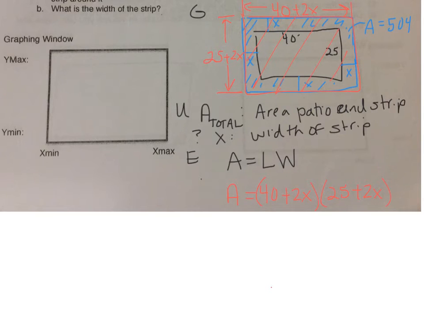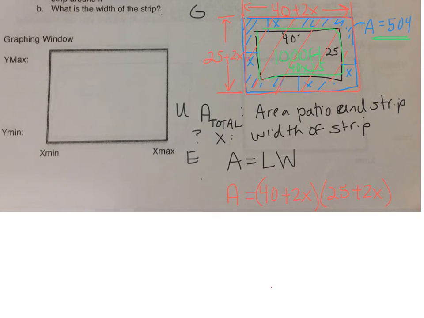Now, the question is, what is the width of the strip? And in order to solve that, we need to do a little bit more thinking about this picture. So this is the total area that we just wrote, and that total area is going to be the sum of this inside rectangle, which is 25 times 40, that's 1,000 square feet in there, and then it tells us that this blue area was 504.